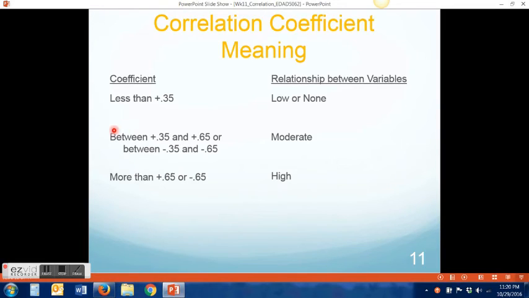When we see a correlation coefficient between 0.35 and 0.65, we believe that's about a moderate relationship. And if we have a coefficient greater than 0.65, we see that as a high relationship. Again, we interpret these degrees of relationship, high or low, as absolute values. So 0.65 or negative 0.65, either direction, it's high. So 0.65 to 1 or negative 0.65 to negative 1, those would be high relationships.